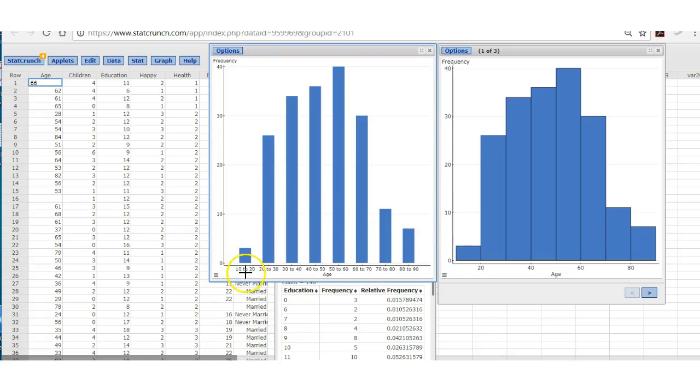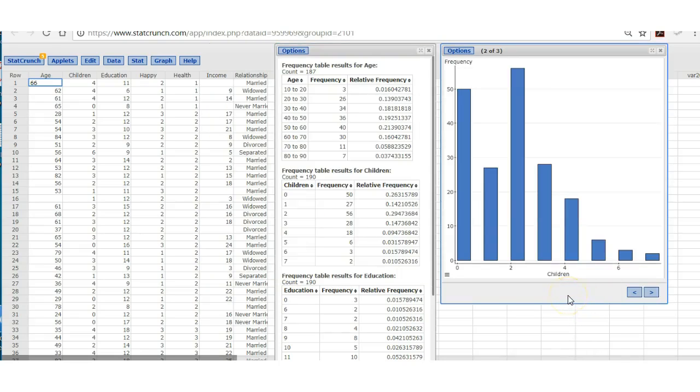The other problem with this is if you have a lot of classes, since it puts the classes down here, sometimes this gets really hard to read. We again have this issue like we did in the frequency table where it looks like the classes overlap, because this one goes 10 to 20 and this one goes 20 to 30. So really for a quantitative variable, you should be doing a histogram instead of a bar plot.